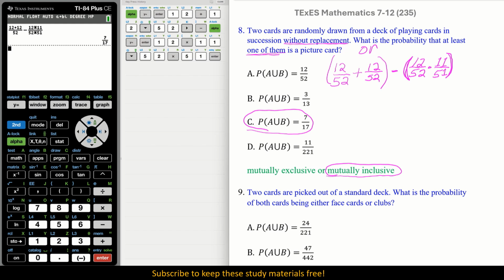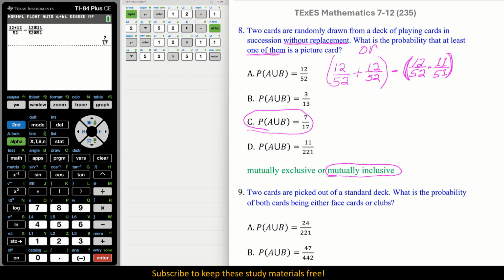And we would get a non-picture card in the first one, and then it would be multiplied to the second choice, but that would be minus a card, and that would give us the probability for the 2 draws of non-picture cards. Okay, well, that's like the complement of what we just answered for the picture card.